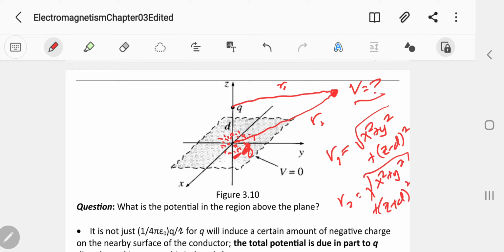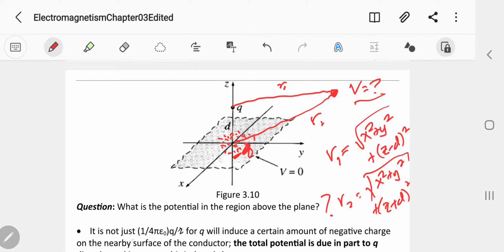So that would be the distance of the two charges. We actually do not know yet if this is correct. But anyway, let's proceed.